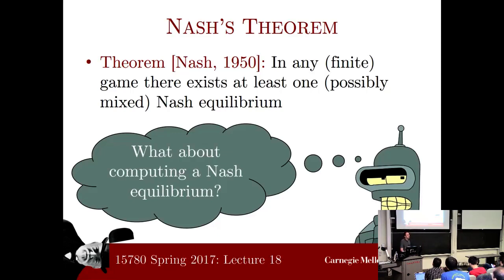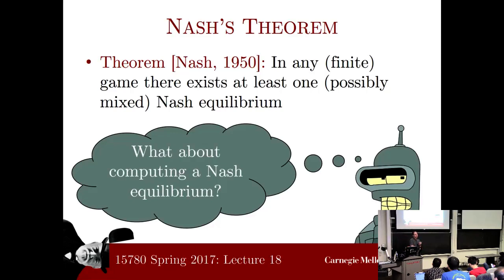There was a paper giving a counterexample, showing an example where the algorithm wouldn't terminate after a polynomial number of steps. But then the next step was actually even more exciting. In 2006, there was a paper by Paul Goldberg, Kostas Daskalakis, and Christos Papadimitriou, where they showed that computing Nash equilibrium was actually hard for a complexity class called PPAD.